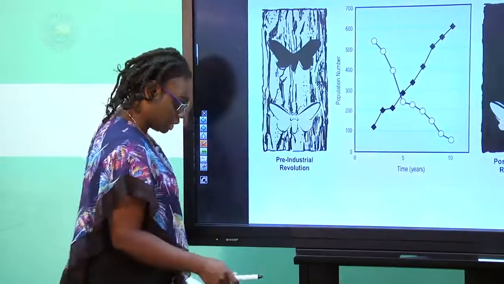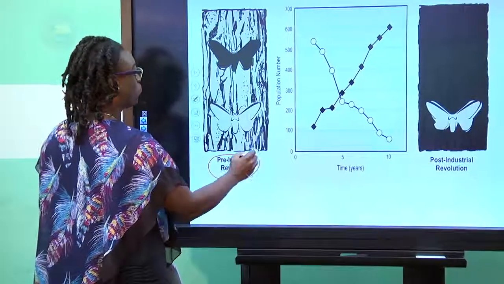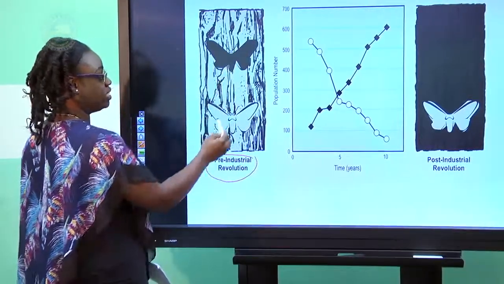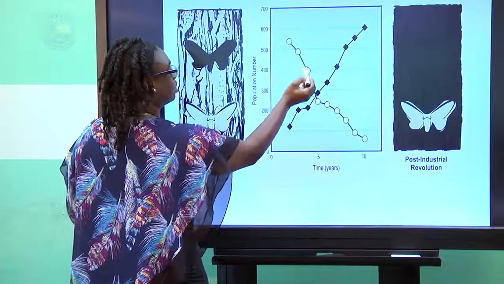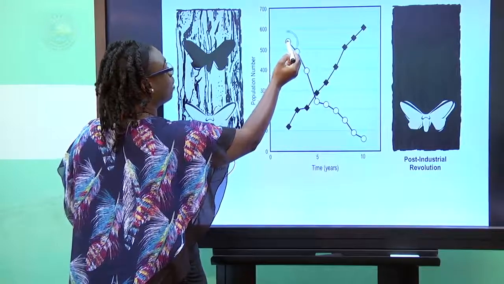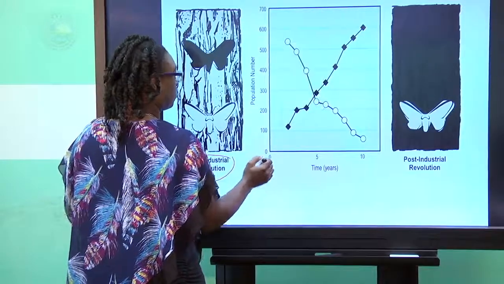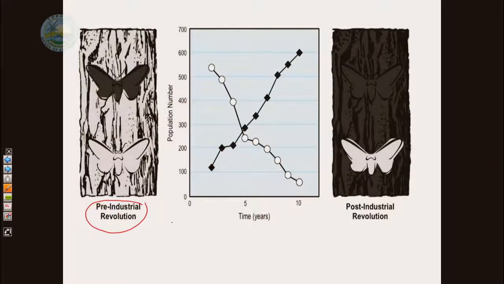So in the case of the peppered moths, before the Industrial Revolution, we had both moths existing. However, if we look at the white circles, these relate to the white moths, and their numbers fell over time to under 100.